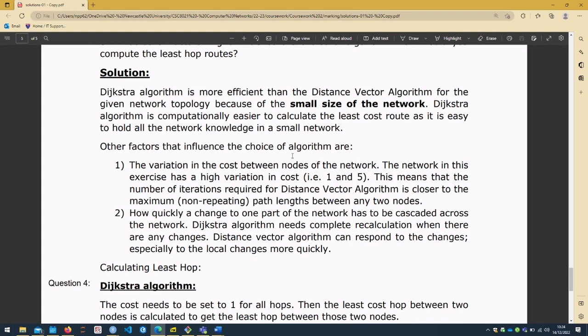Theoretically, the number of iterations that the distance vector algorithm needs to converge to an optimal solution will be close to the maximum path size in the network. But if you have smaller costs, then it doesn't need so many iterations to get to that optimal solution.